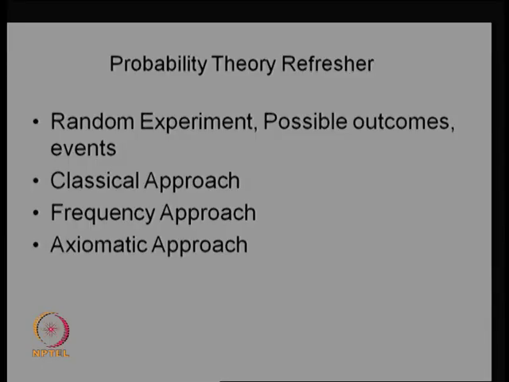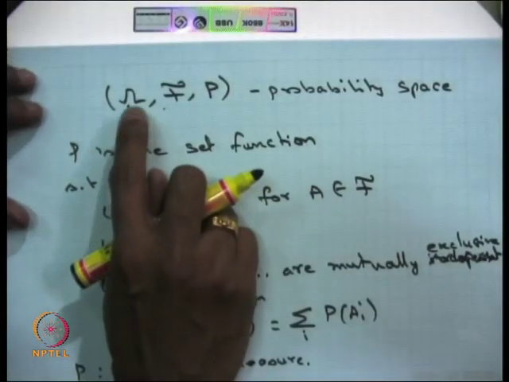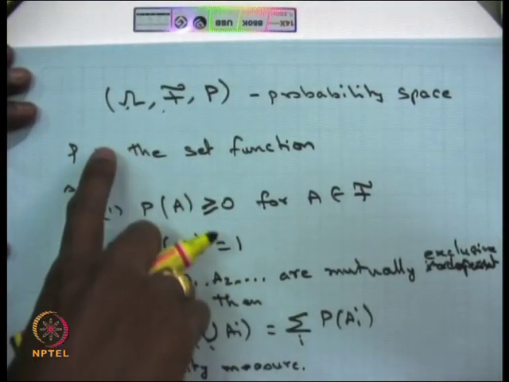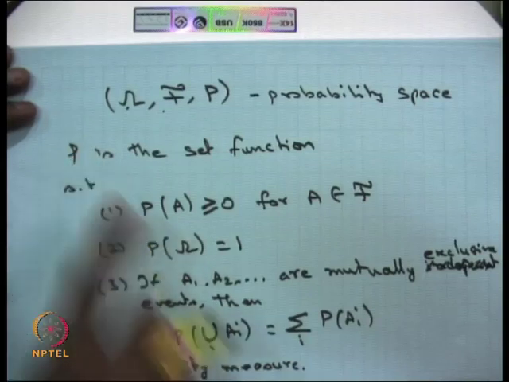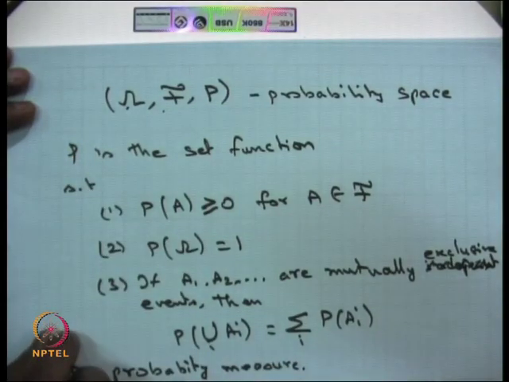There are many definitions in probability theory, the classical approach or the frequency approach, and what we have given is the axiomatic approach. The way I have given the definition, the probability space with omega, F and P, is called the axiomatic approach, and we are going to use the axiomatic approach, not the frequency approach or the classical approach.